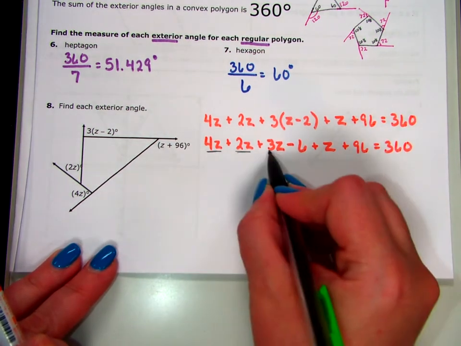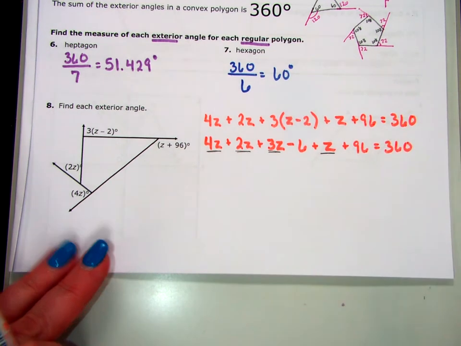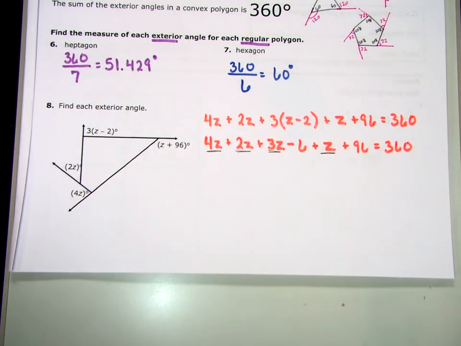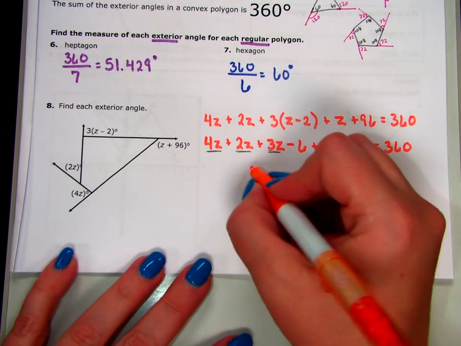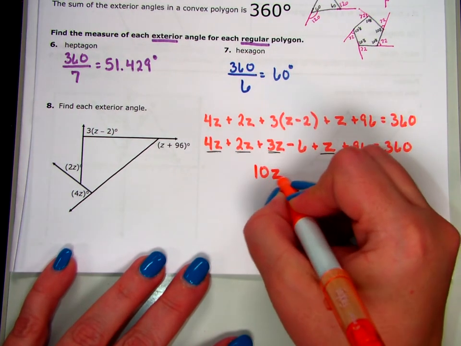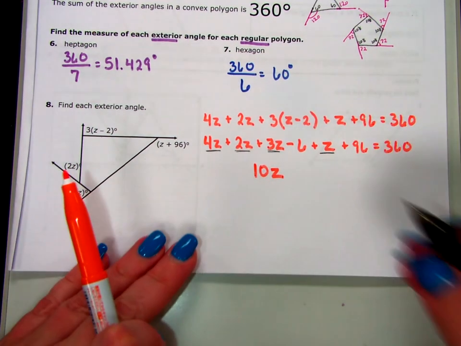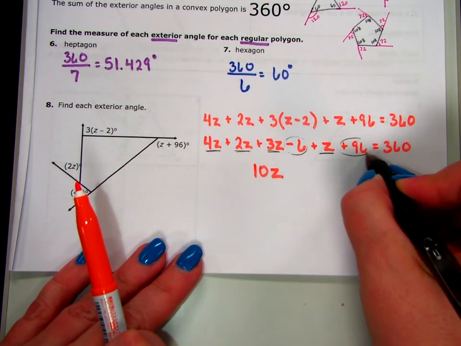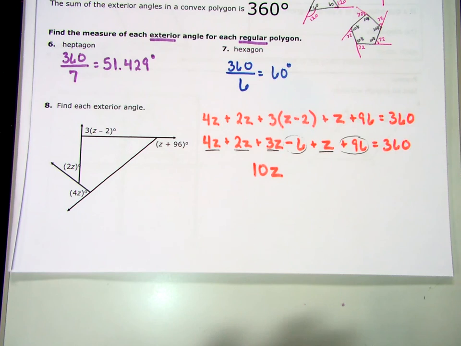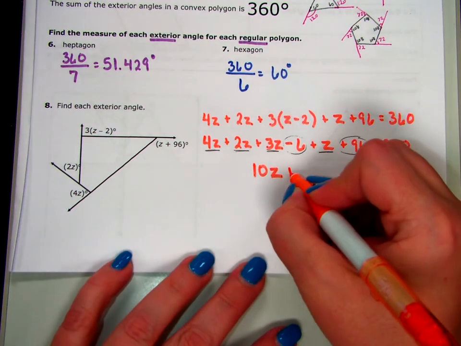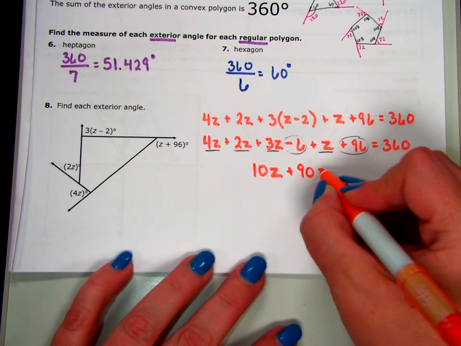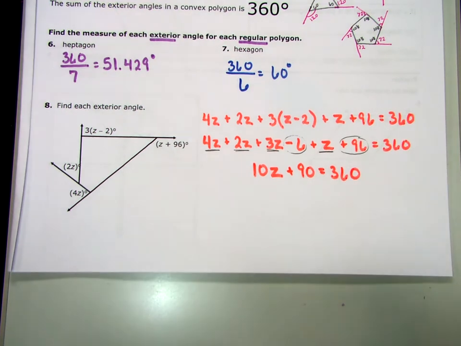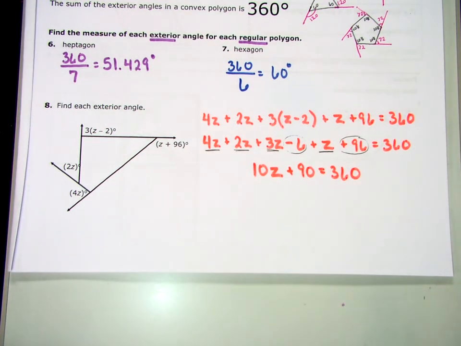Let's combine our like terms, so let's add all our z's together. 4z, 2z, 3z, and z. How many z's do I have? 10 z's. And then my constants, I have a minus 6 and I have a plus 96. So that's going to be plus 90 equals 360.